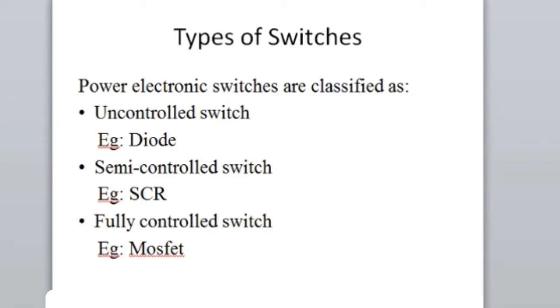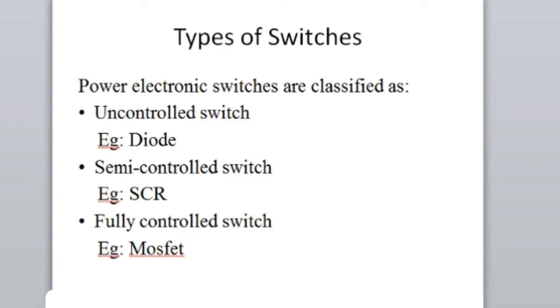If I give the base current, the switch will turn on. If I stop this base current, the switch will turn off. Means on and off is in my hand. By controlling the base current, I can control the switching action, both on and off. That's why it is called a fully controlled switch.